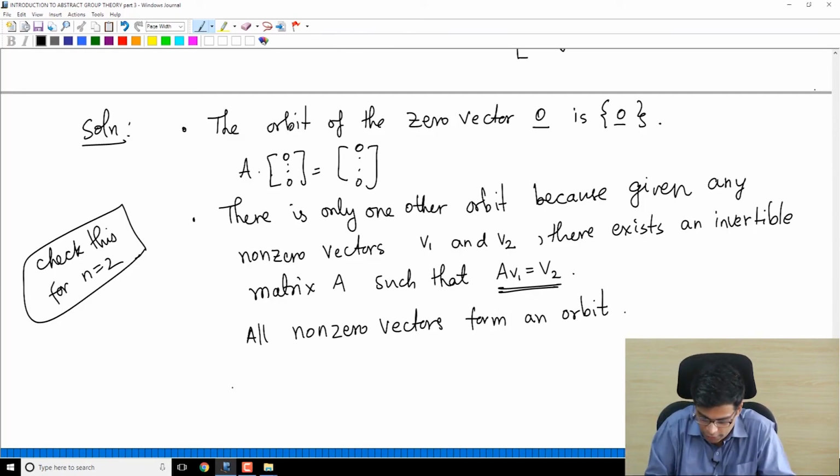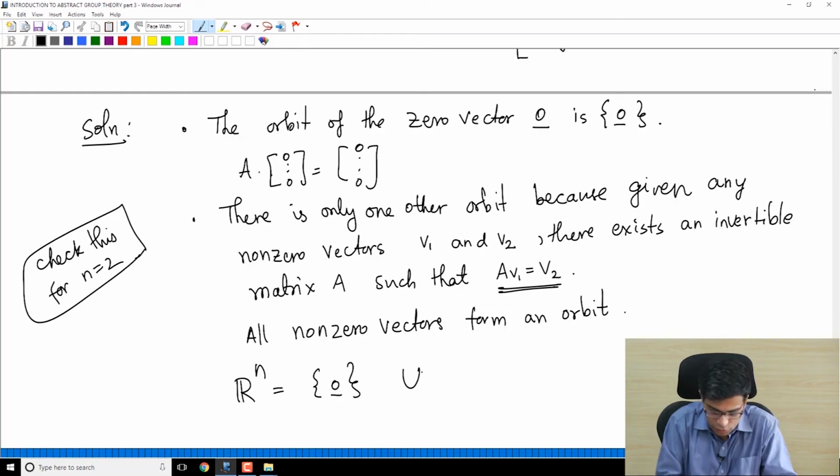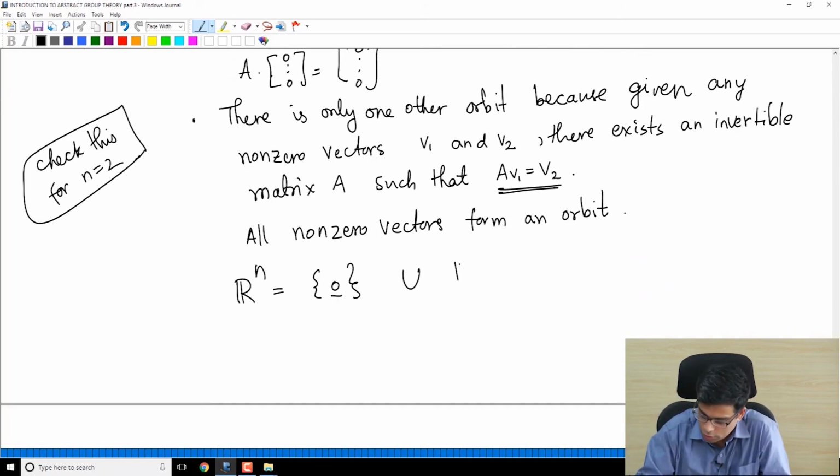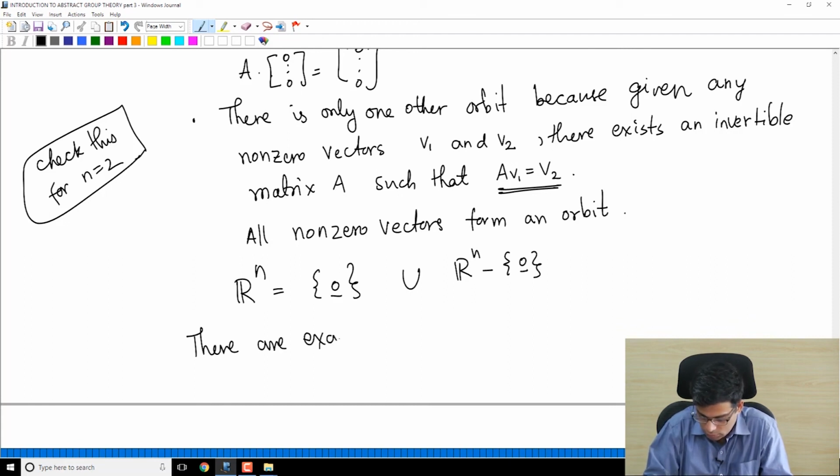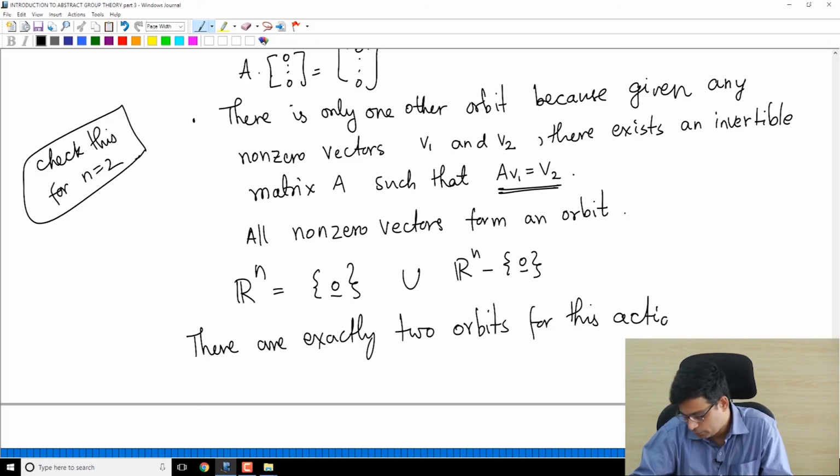So what is the orbit decomposition of Rn? You have the 0 vector as one orbit, and all non-zero vectors as one orbit. So there are exactly 2 orbits for this action.